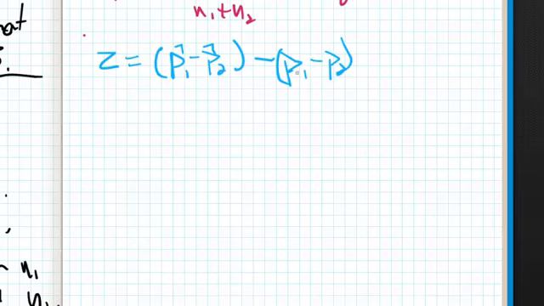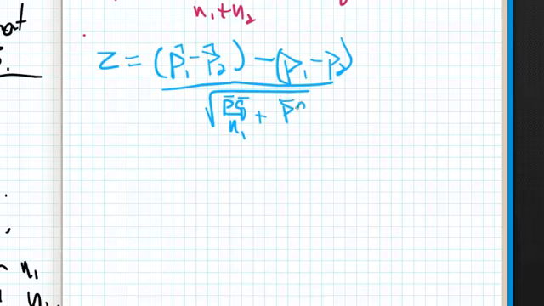Remember, samples and parameters, and I'll make you use these in a sec, so no panicking. This is divided by the square root of P bar Q bar over N1 plus P bar Q bar over N2. That's all that it is.